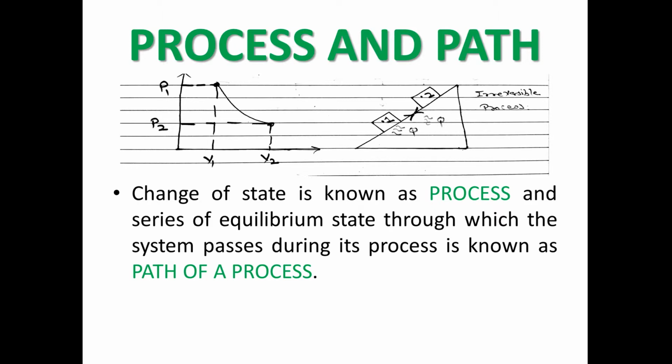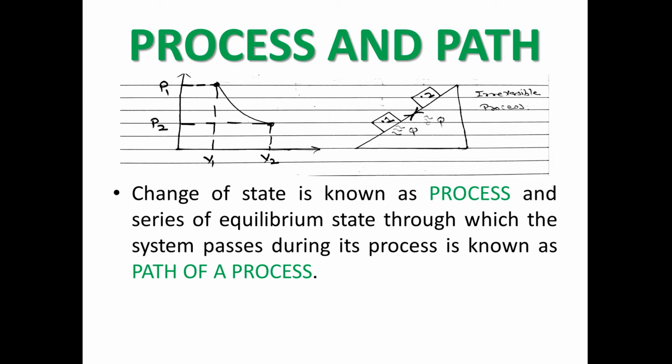So there are lots of states in between, and all those points are a series of equilibrium states. So we can say that it is the path of a process, and further, processes can be divided into reversible processes as well as irreversible processes.